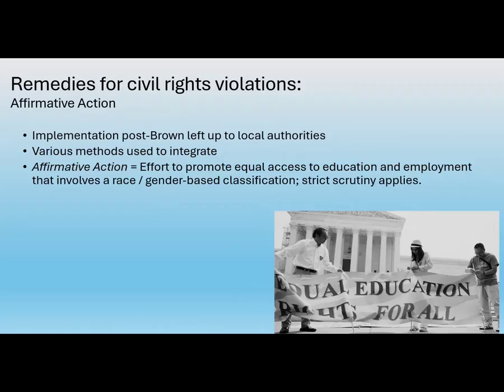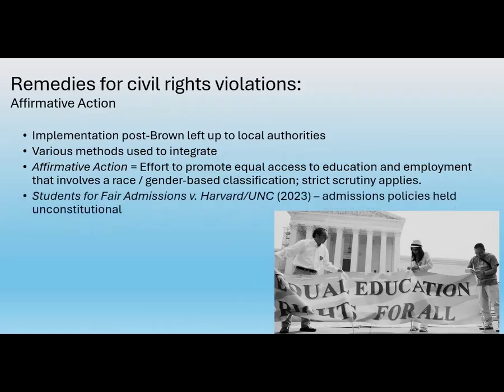The textbook discusses the major cases on affirmative action, but a new case was decided after the textbook was published, and I've assigned a case brief of that decision as well as an article that describes it. The case is called Students for Fair Admissions versus the President and Fellows of Harvard College. There was a sister case that was heard at the same time involving the University of North Carolina.